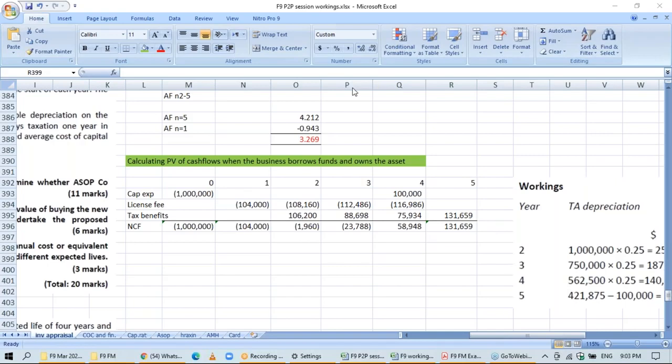Once you get the net cash flows, we now have to calculate the present value. So we'll put in the present value fractions. Remember, we have to take the same rate, which is 6%, when you are discounting the cash flows for leasing and borrowing. In both cases the rate should be the same. The borrowing rate will be used, not the cost of equity. So let's take the present value fractions at 6%.